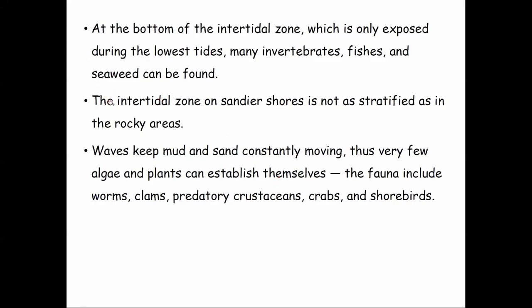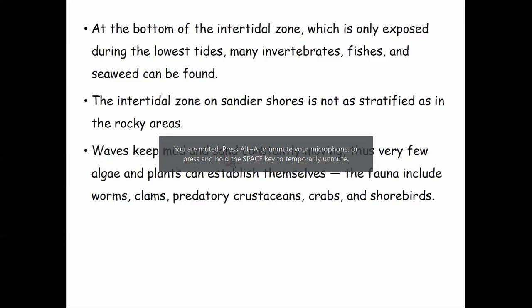The intertidal zone on sandy shores is not as stratified as a rocky area. The rocky area is stratified, but the sandy zone is not. Waves keep mud and sand constantly moving, because of the waves and tides.